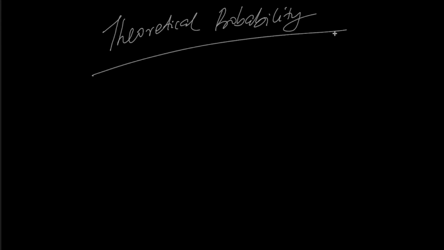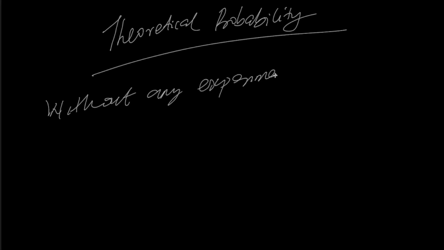Let's look at theoretical probability. What is theoretical probability? This is the probability calculated without the experiment being performed. Without any experiment performed. So how do you get your data?